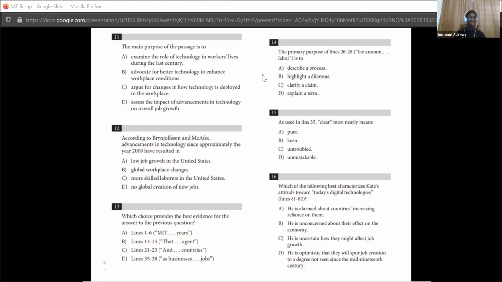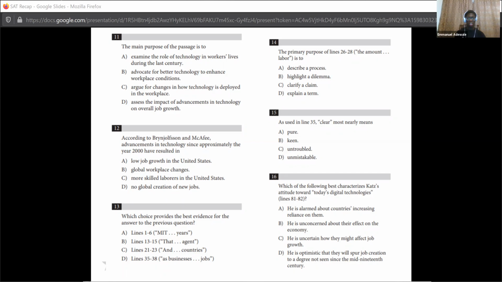for number 12, the wording of this question is one of those questions that's asking you about specific details in the passage that you've read. And again, while you don't want to spend too much time reading it that you aren't able to answer the questions, you still do want to take enough time to pay attention to some of the more specific details that are in the passage.